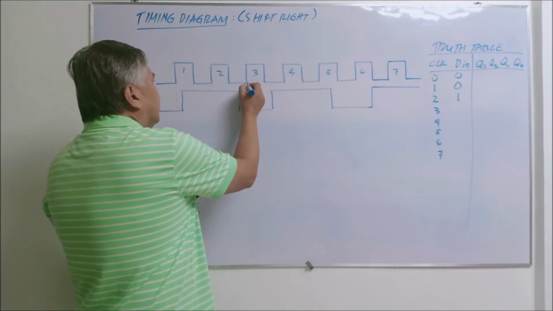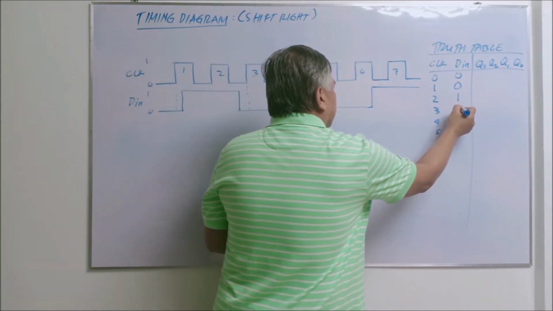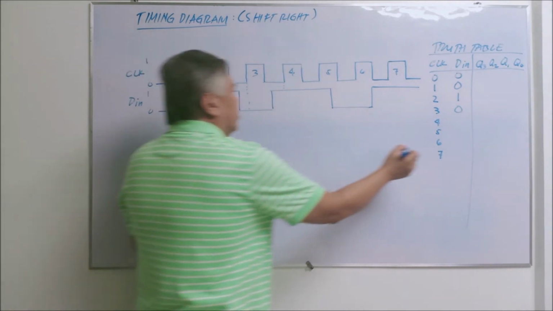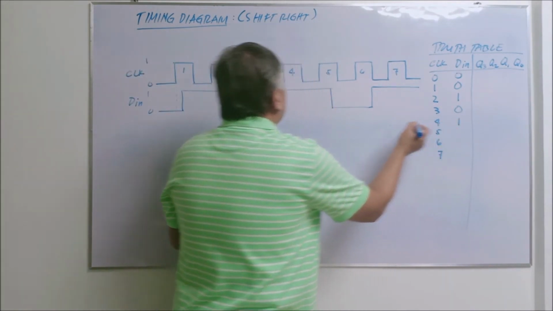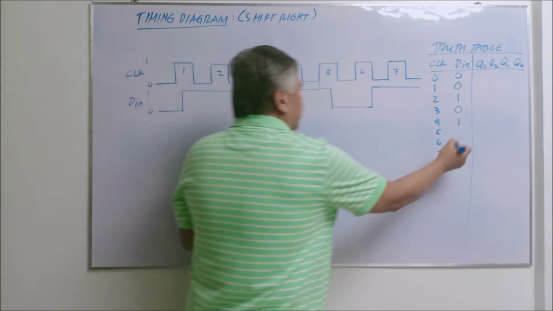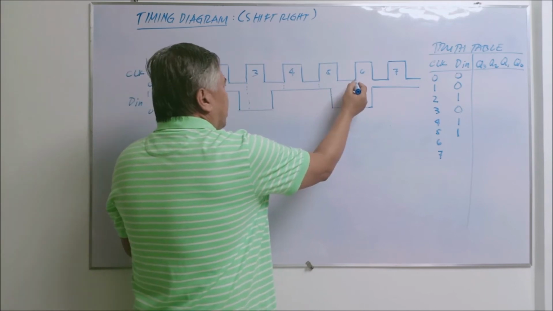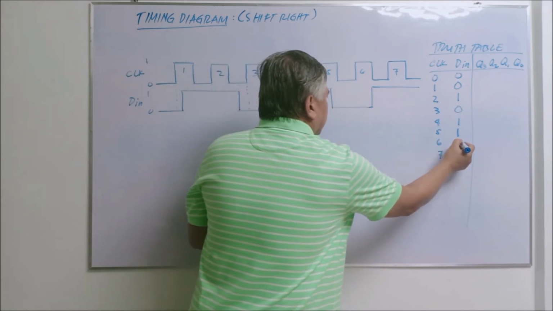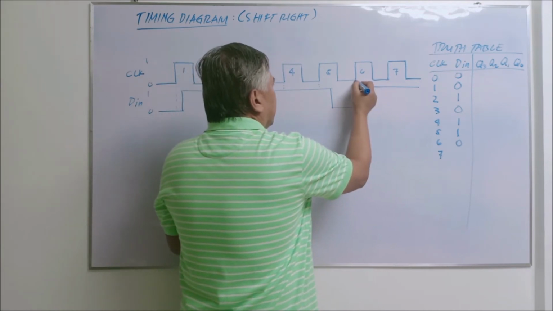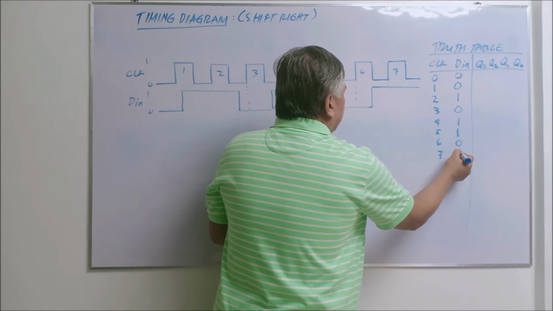On the third, your D input is 0. On the fourth, 1. Fifth, 1. Sixth, 0. Seventh positive triggering of the clock, your D input is 1.